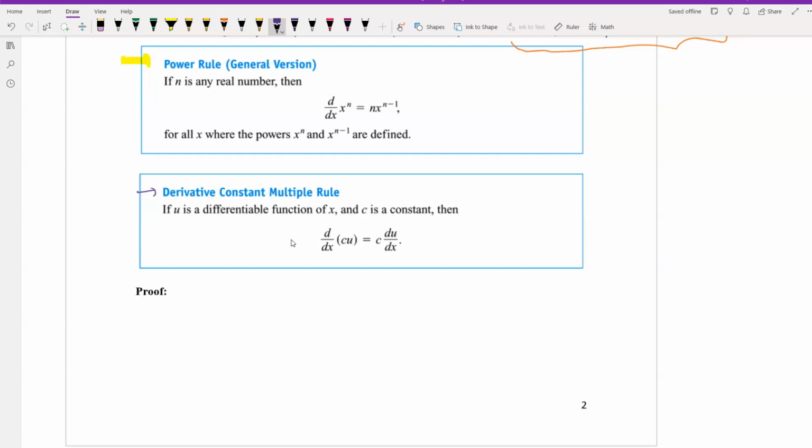Now here I'm going to prove this one. The derivative with respect to x of c times u is equal to the limit as h approaches 0.